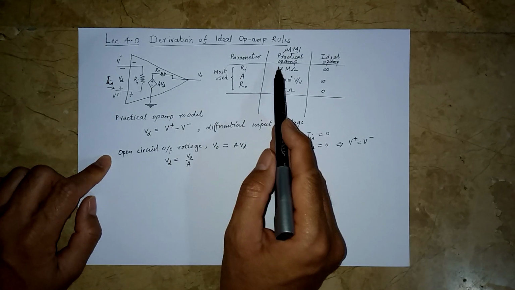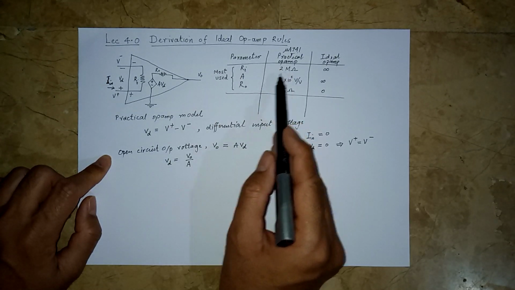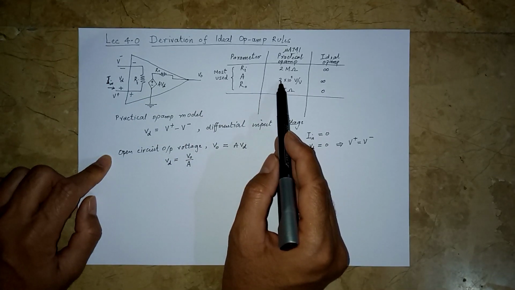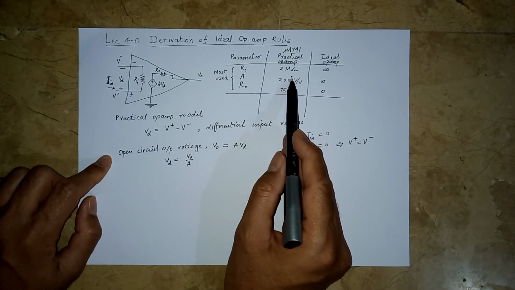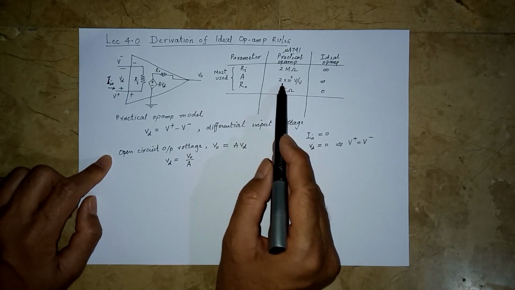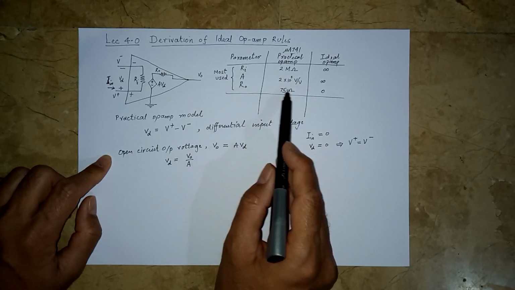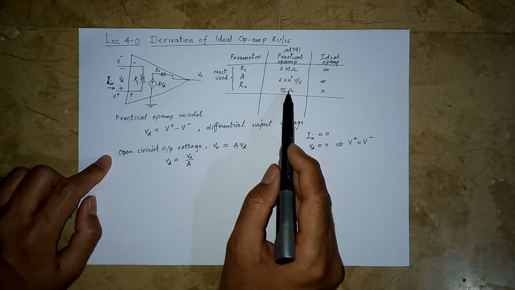Now in practical op-amps, for example, a typical op-amp, the μA741, Ri, the input resistance, is typically of the order of 2 mega ohms. A, the open loop gain, is 2 times 10 to the power 5 volts per volt, because that's the ratio of two voltages, and Ro is 75 ohms, the output resistance.